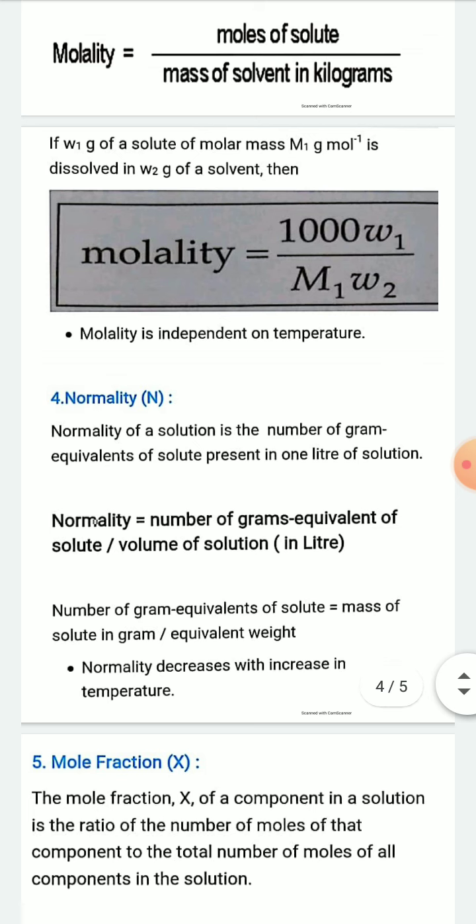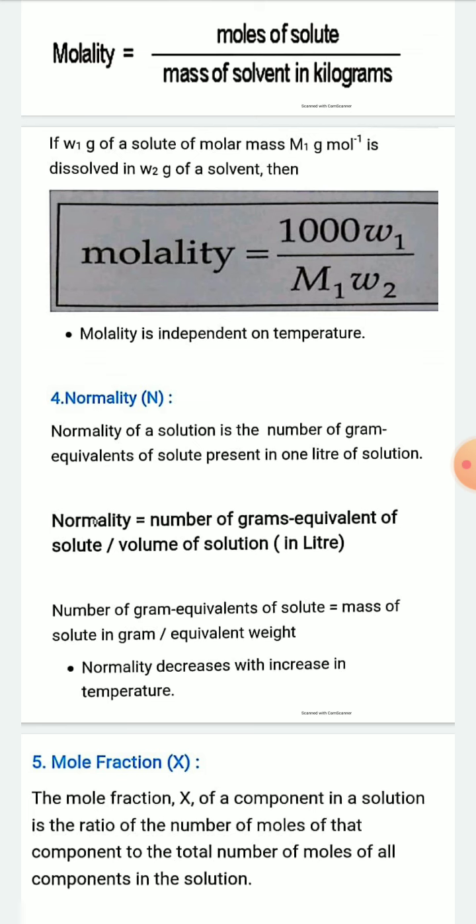If W1 gram of solute of molar mass M1 gram per mole is dissolved in W2 gram of solvent, then molality will be equal to 1000 into W1 divided by M1 into W2.